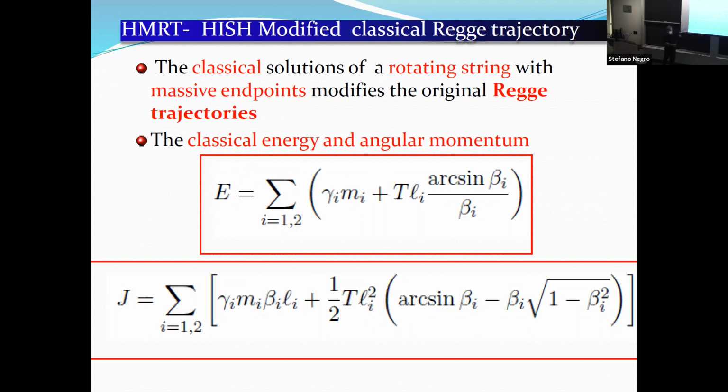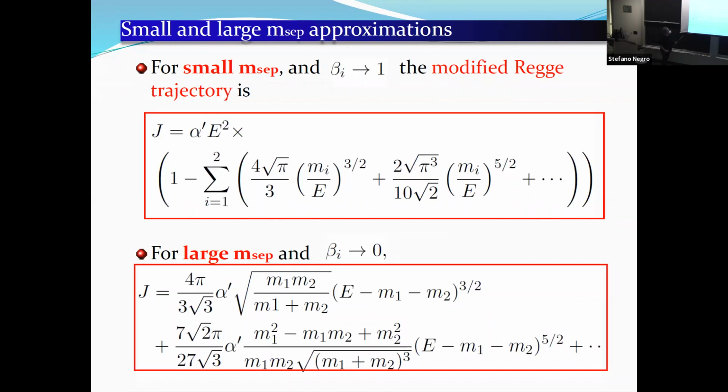So we have a parametric relation, but for the cases where beta goes to 1 or beta goes to 0, for small masses or large masses, we can derive an expression. The classical Regge form is modified by alpha prime m squared multiplying 1 minus this expression, where we have a dependence on the ratio between the masses of the endpoints and the total mass.